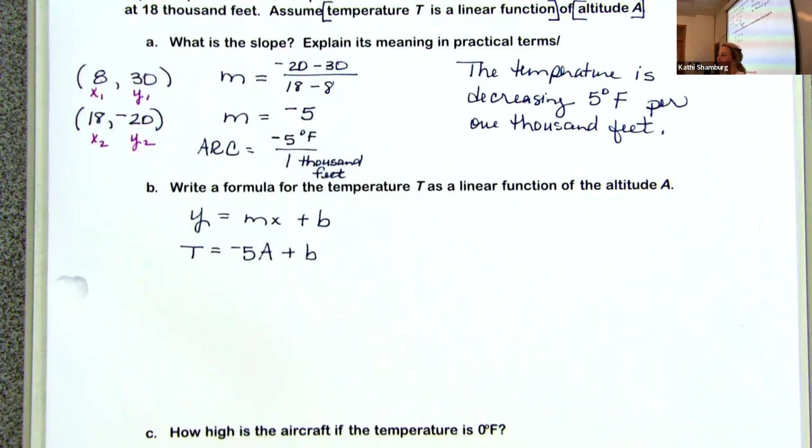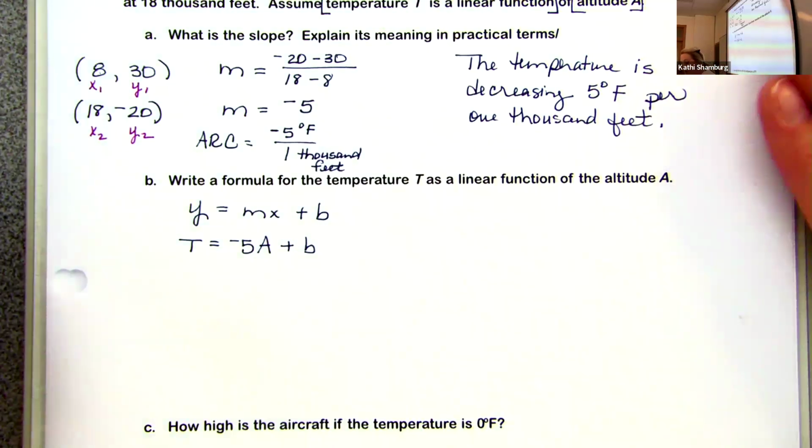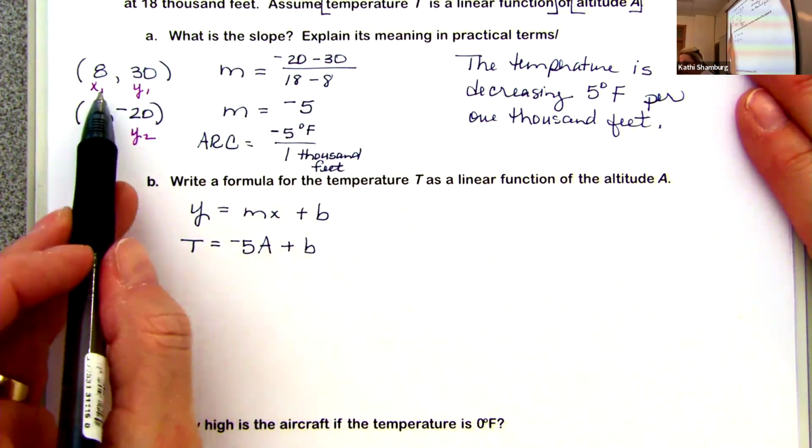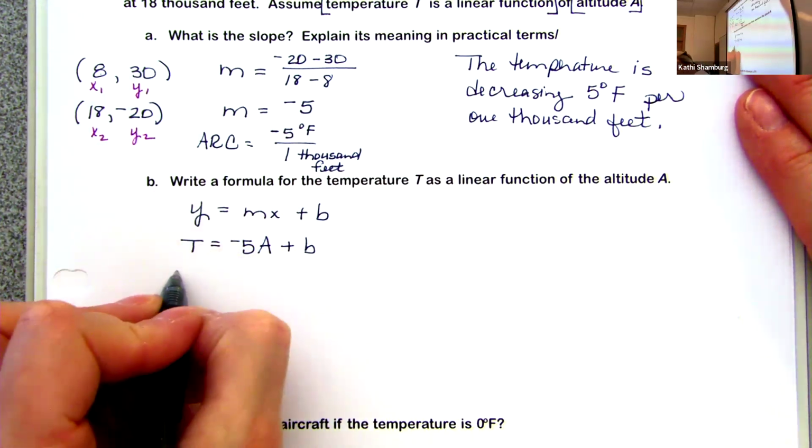So now we need the initial value, so we always pull one of the ordered pairs. If they're both done properly, you get the same answer. I'm just going to use the first one. Be careful, T is the 30.